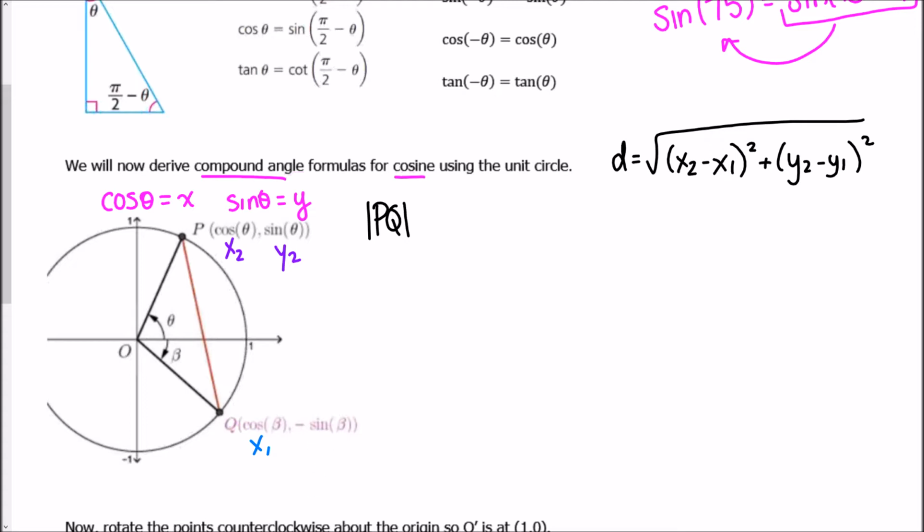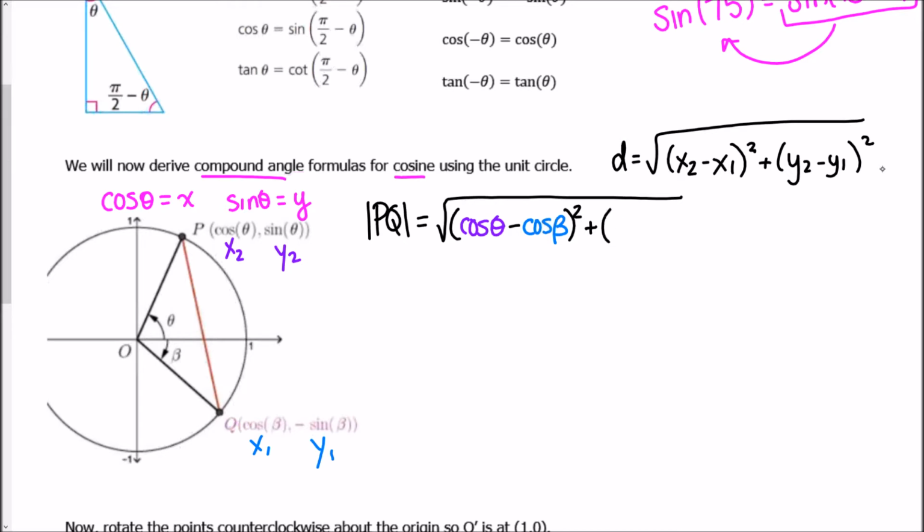Now that we've figured out what these are, I'm going to plug my information into the formula. I'm going to take the square root of x2, which is cosine theta, minus x1, which is cosine beta, and then I have to square that.